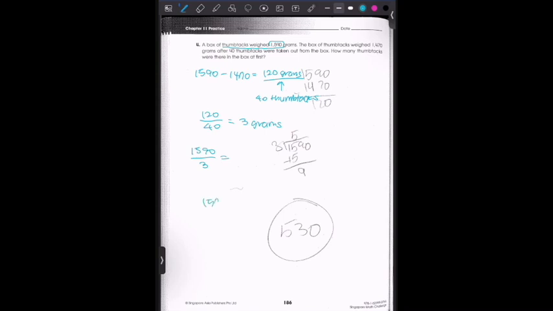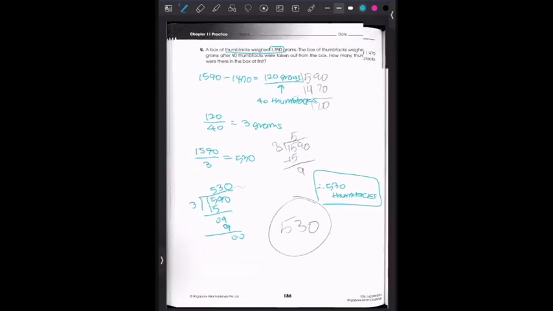So that is going to give us 530, and so we know that there were originally 530 thumbtacks in the box. Now let's take a look at the next example problem.